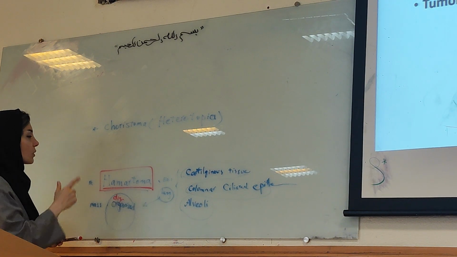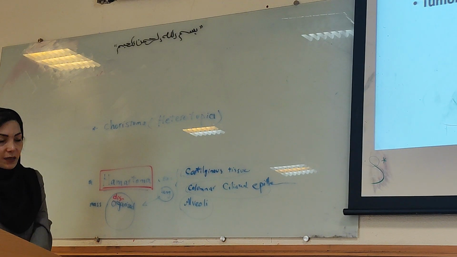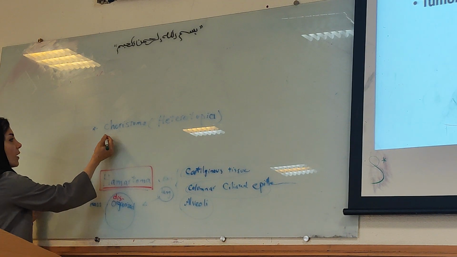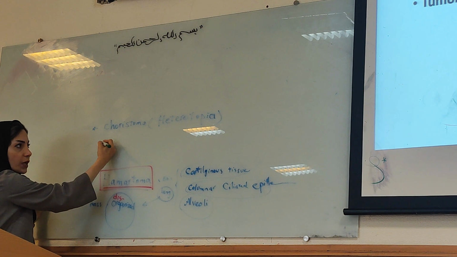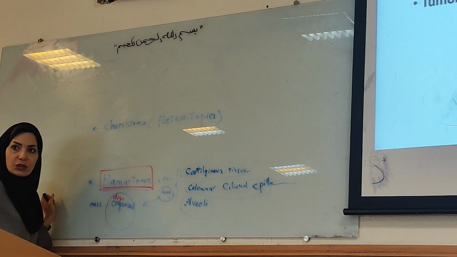But choristoma is the presence of normal tissue in an abnormal location.